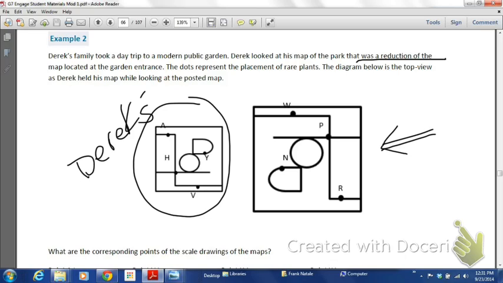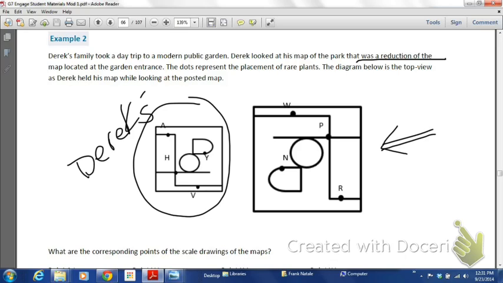So again, really silly example, but we'll go through it anyway. The idea is, of course, it is a reduction, so you know that it's to scale because they're telling you so. But you can see what's happening here is that Derek's is being held incorrectly.